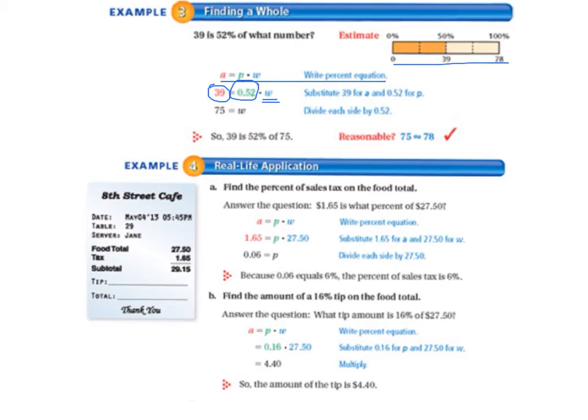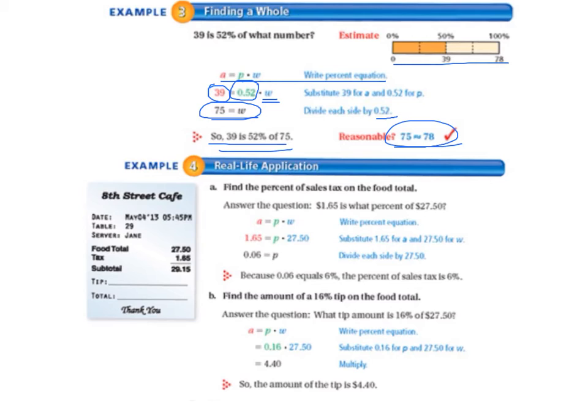So we divide each side by 0.52, and when we simplify it becomes 75. So 75 equals W, so 75 equals the whole. So 39 is 52% of 75, and 75 is close to 78, so that's a reasonable answer.